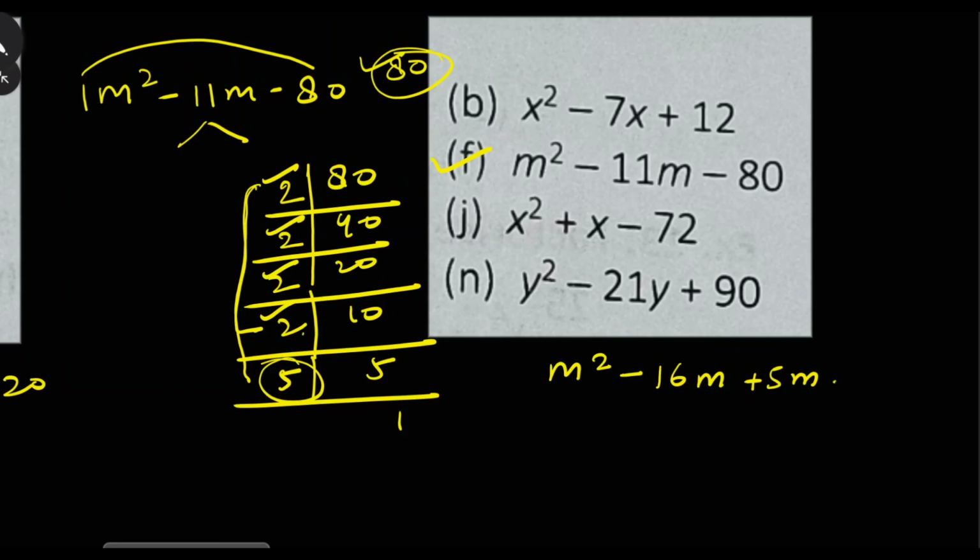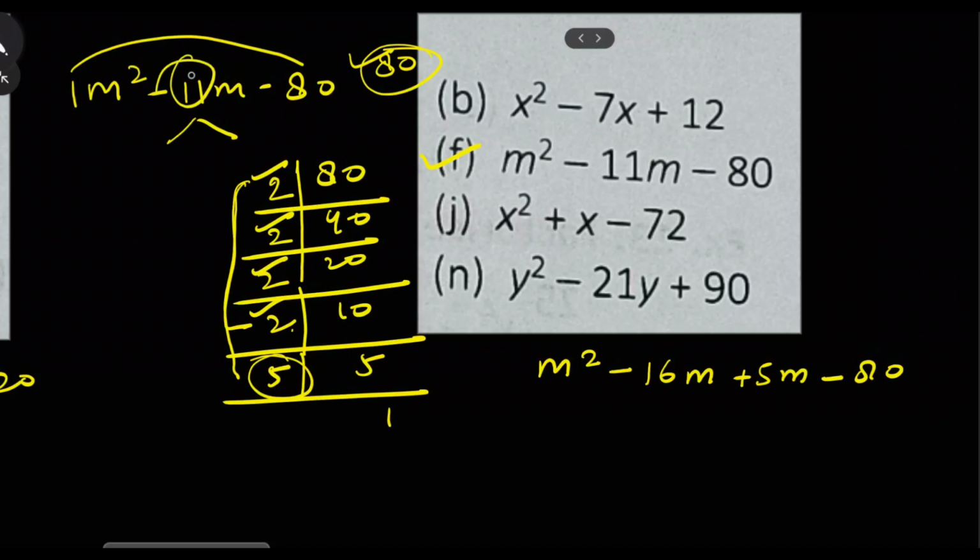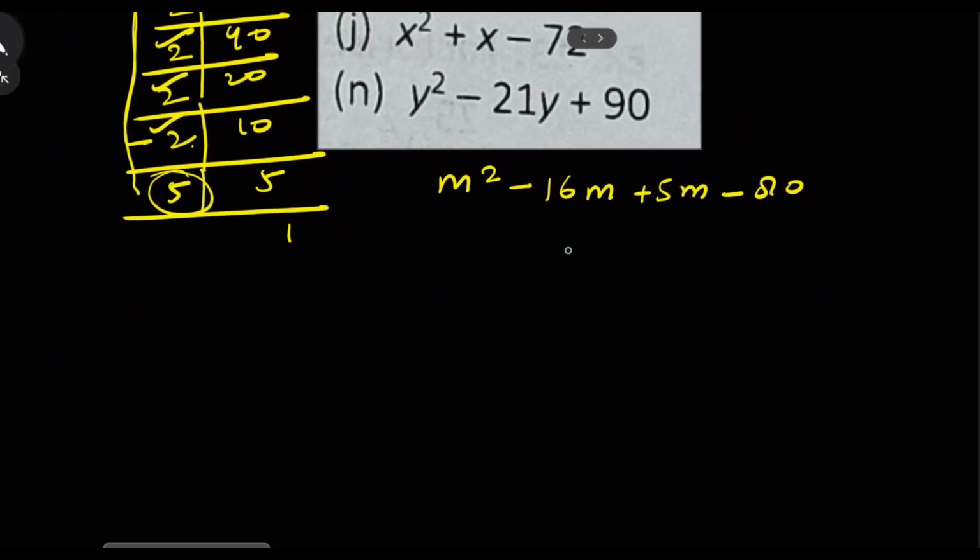Why? I will tell you right now. Wait. 80. So as you can see here, it is minus 11. So minus 11 is only possible when the bigger number has the negative sign. If the bigger number has the positive sign, when you subtract 16 from minus 5, you will get plus 11.